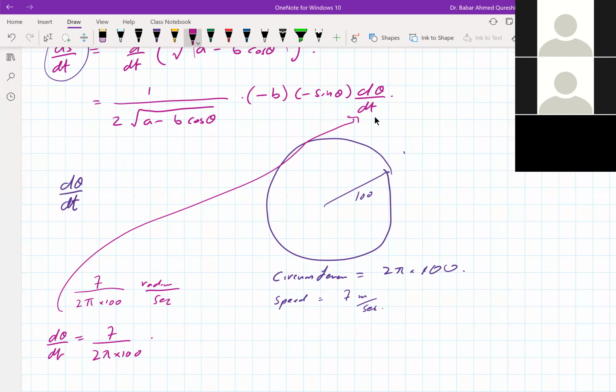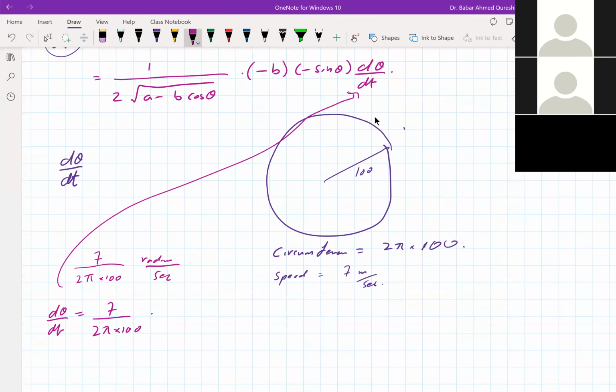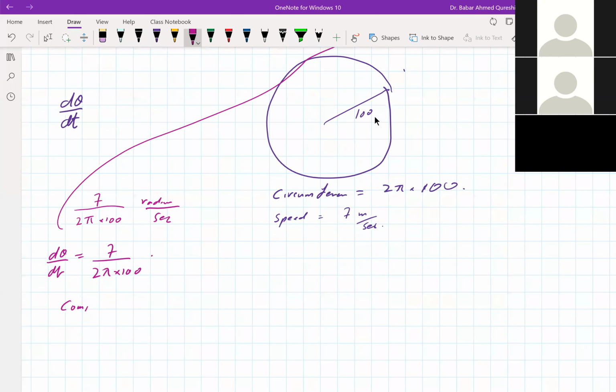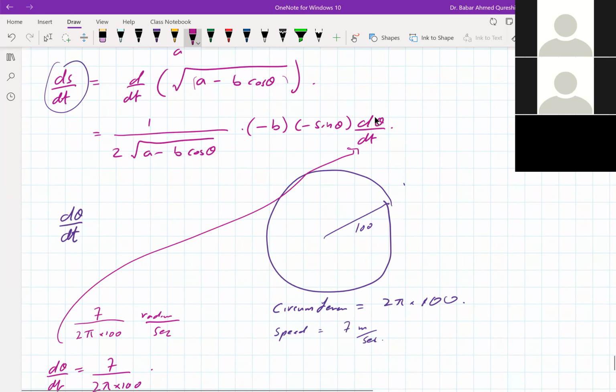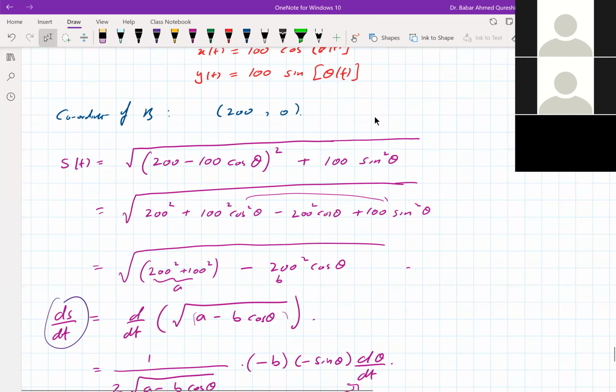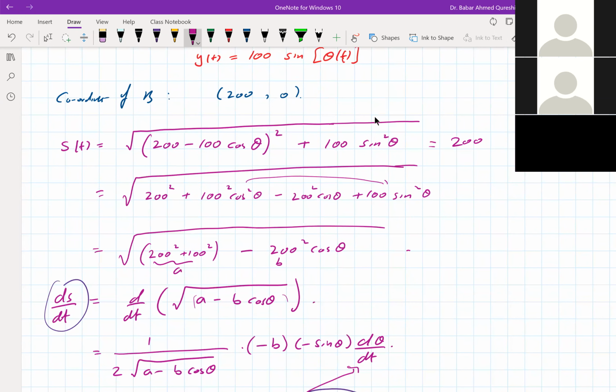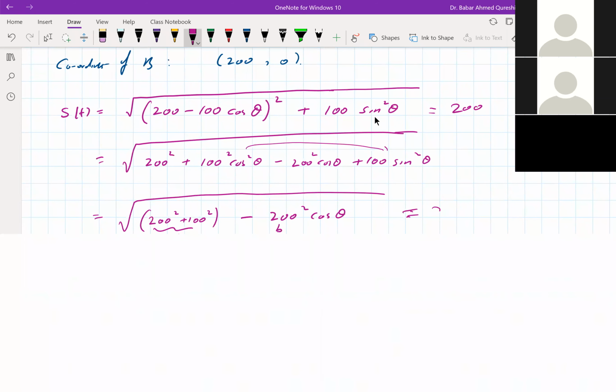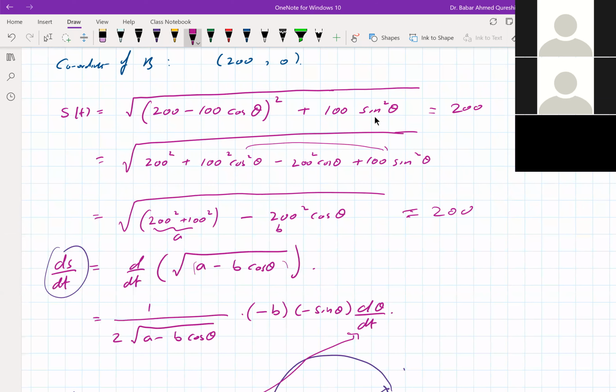And you're doing it from one particular point. Compute theta of t when s, whose formula is given to you, is equal to 200. Or I had got the formula simplified to this. Put this equal to 200 and compute what theta will give you this 200.